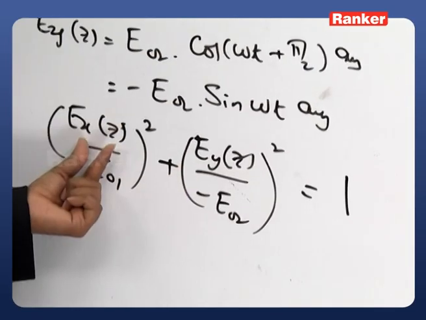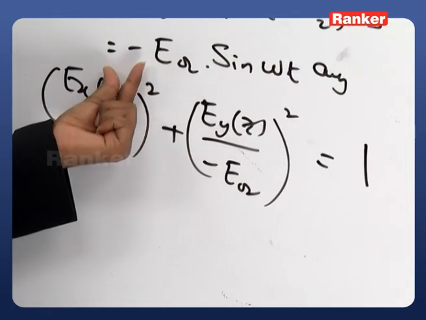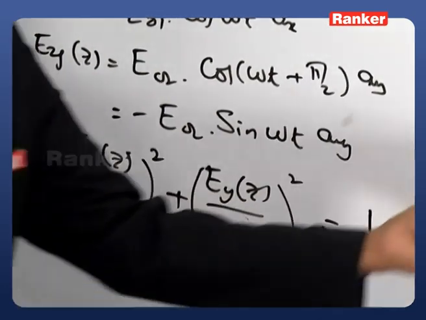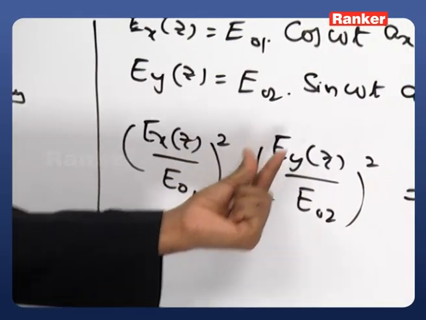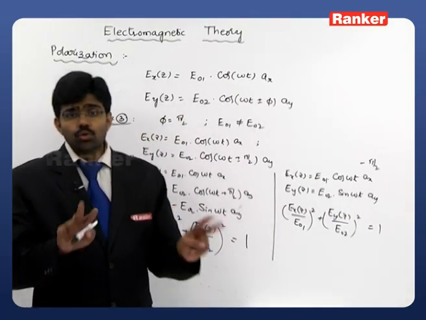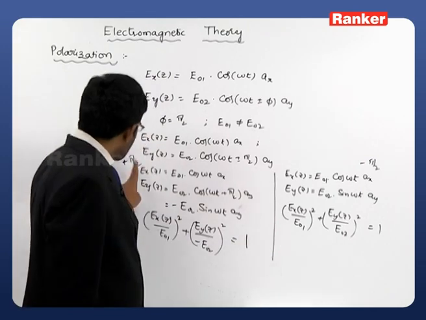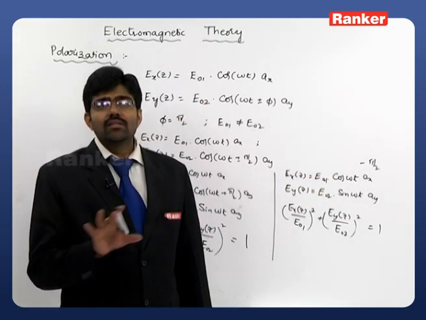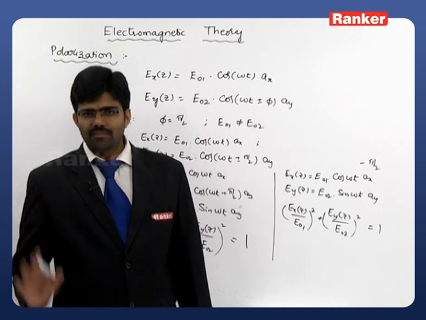So this is x by a whole square plus y by b whole square is equal to 1. So in those two cases, the plus pi by 2 case and the minus pi by 2 case, we are getting the same expression as the resultant.